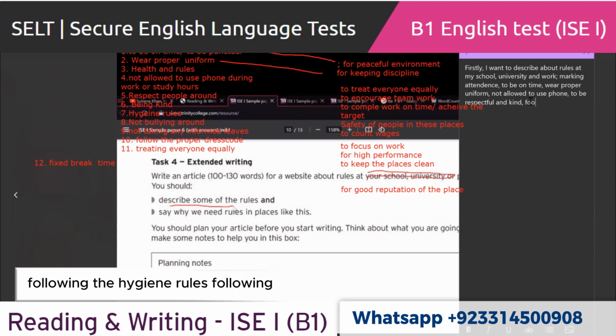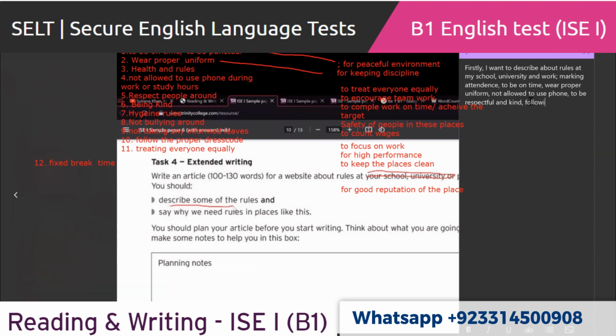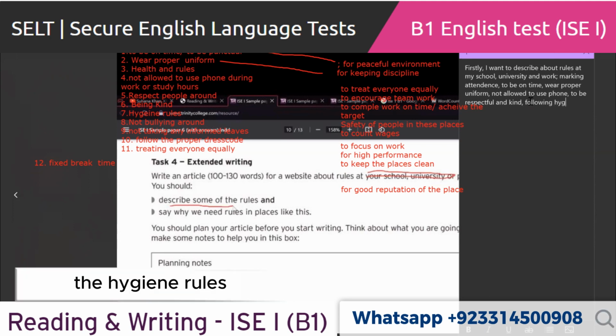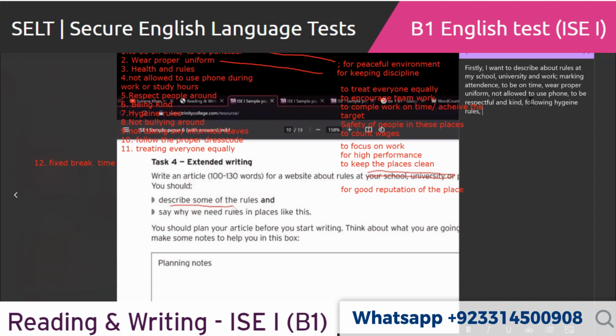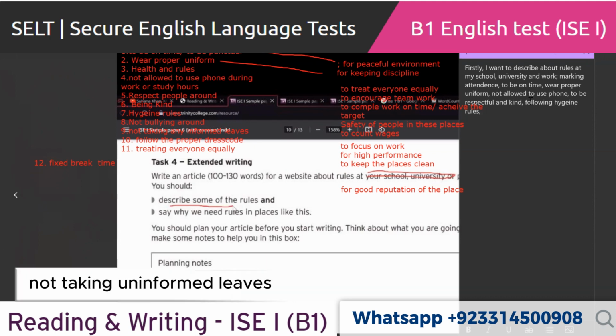Following the hygiene rules. Not bullying around. That's too much, but we can write that for now. Not taking uninformed leaves.